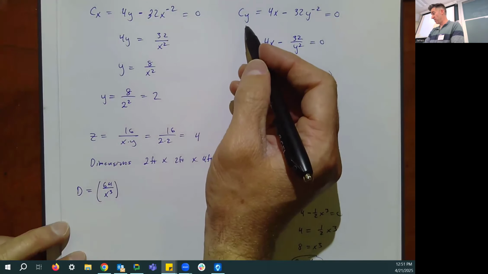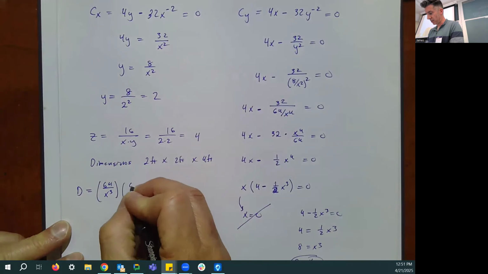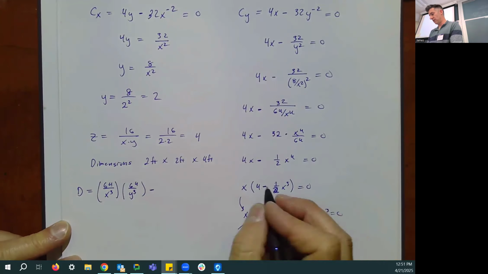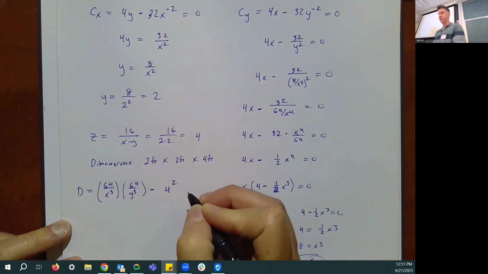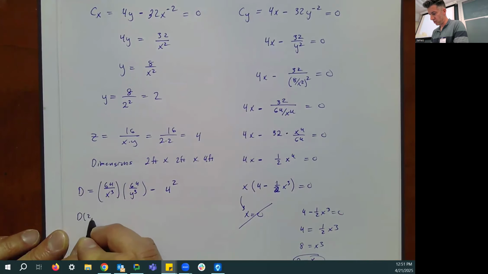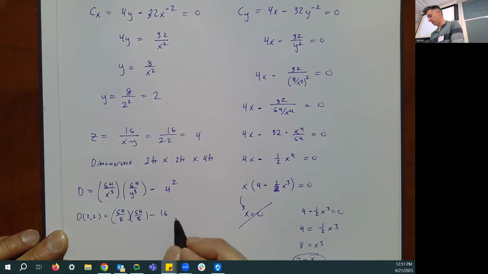CYY should be the same thing for y: positive 64 times y to the negative third, or 64 over y cubed, minus CXY, which is easily 4 squared. If we plug in our critical point, 2 comma 2, we're going to get 64 over 8 times 64 over 8 minus 16, which is certainly positive. It's 8 times 8 minus 16.